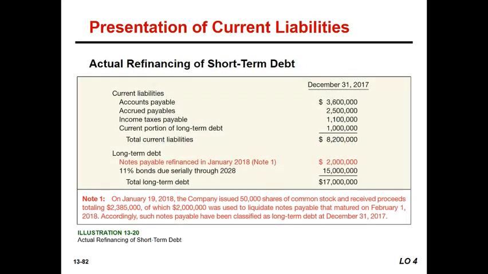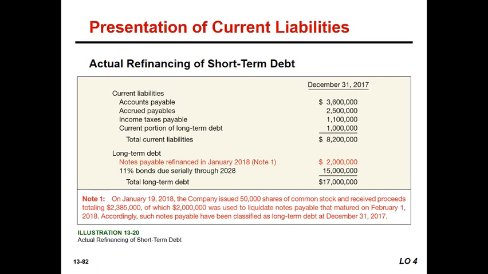In addition, sometimes you will find additional charts, supplemental information, and financial statements that describe why. So you see here we have notes payable refinanced in January 2018 and tells us to go to notes 1. In this particular instance, on January 19th, the company issued 50,000 shares of common stock, and they received proceeds totaling $2.385 million, of which $2 million was used to liquidate the notes payable that matured on February 4th.